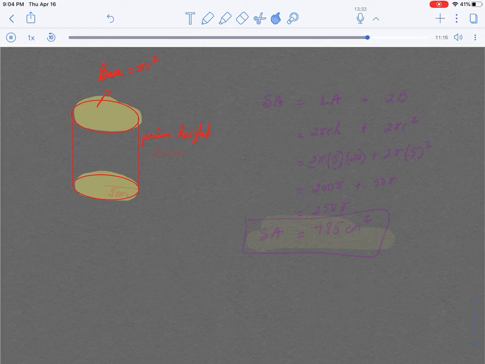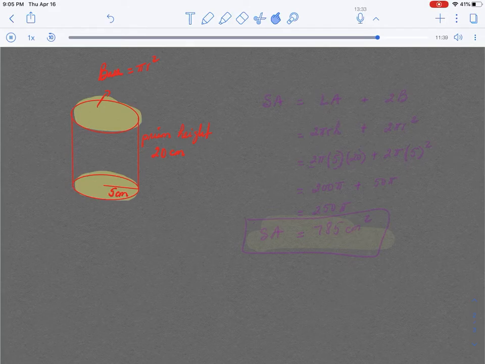The radius, I'm going to write it down here. Remember, your radius is connected from the center, which is 5 centimeters. And my prism height, in this case, is 20 centimeters. The question asks me, what is my surface area?